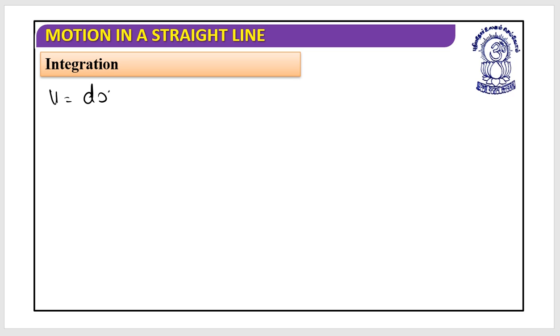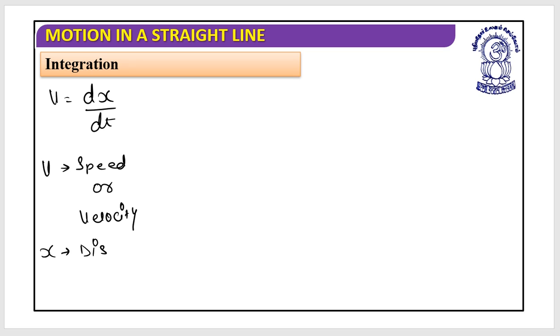You know v is equal to dx by dt, where v could be speed or velocity, and x could be distance or displacement.